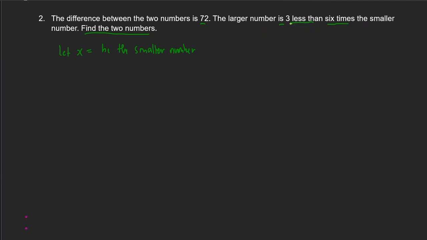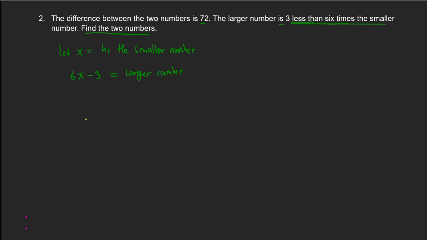This time, itong part na to is parang baliktad siya na pagkasulat. So, mauna si 6 times the smaller number. So, since yung smaller number is x, we have 6 multiplied to x less 3. Then, this will be considered as our larger number.